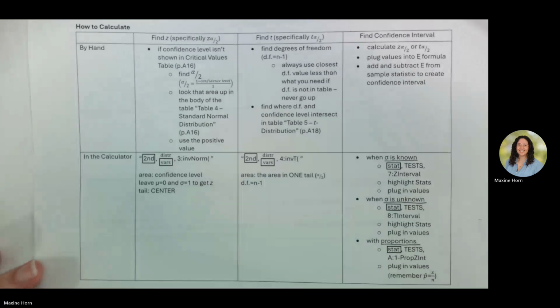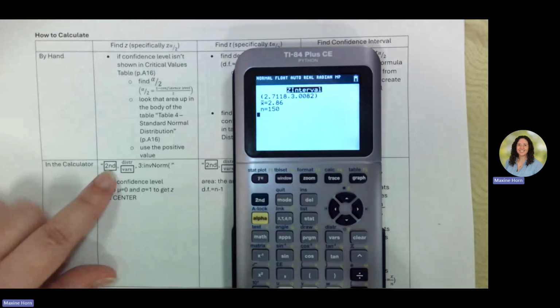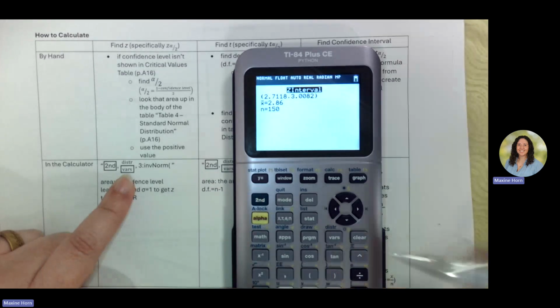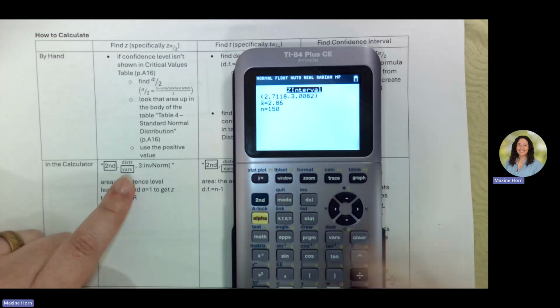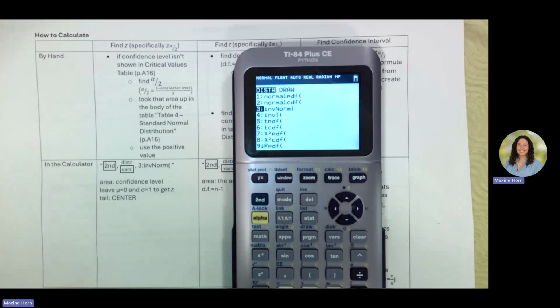The way that we would do that is we would go second vars. And the reason that it's second is because we actually want distribution up here. And then you're going to go down to number 3, inverse norm, right?